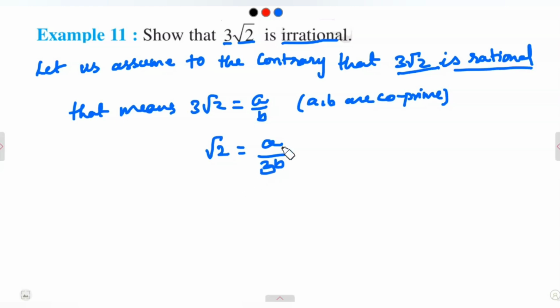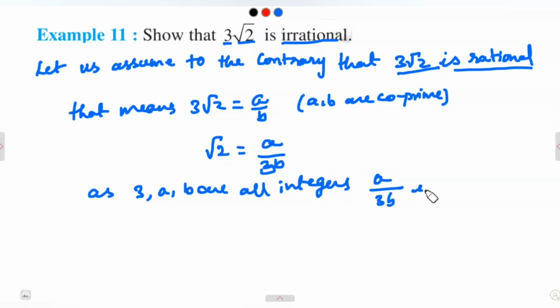Now, as a, 3, b are all integers, a is an integer, b is an integer, even 3 is also an integer. So numerator is an integer, denominator is also an integer. So that means a by 3b is a rational number.